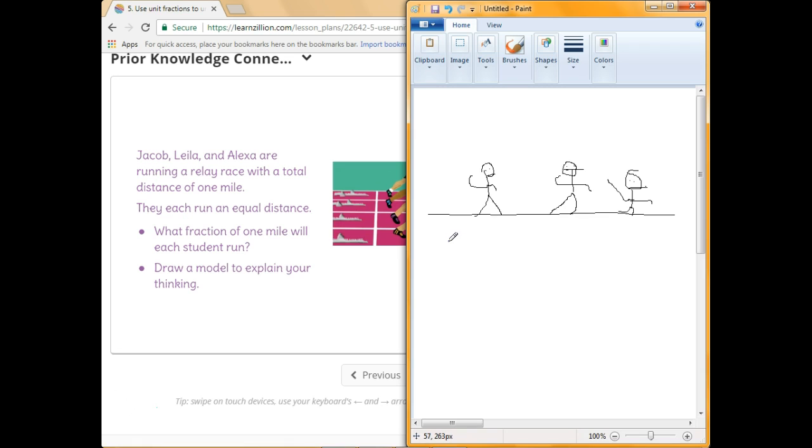So if they run an equal distance, then maybe they would do half of the race, or a whole race, which would be one whole. Maybe. But right now, they're going to be doing 2/4.